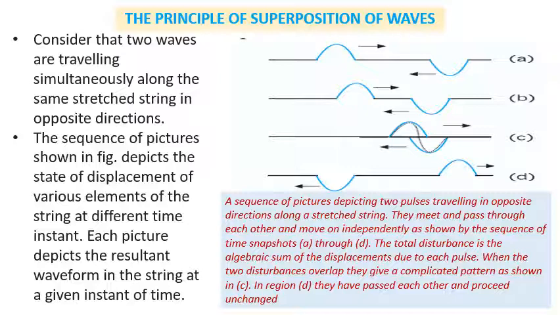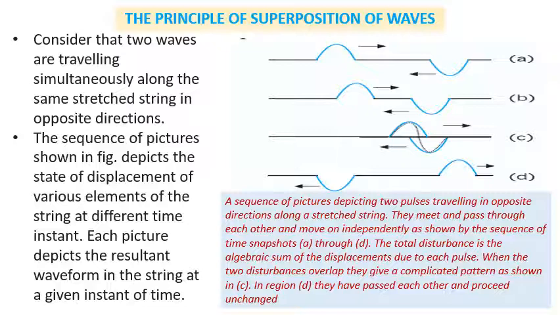Each picture depicts the resultant waveform in the string at a given instant of time. As shown here, the sequence depicts two pulses traveling in opposite directions along a stretched string; they meet, pass through each other and move on independently, as shown by the time snapshots from A to D.